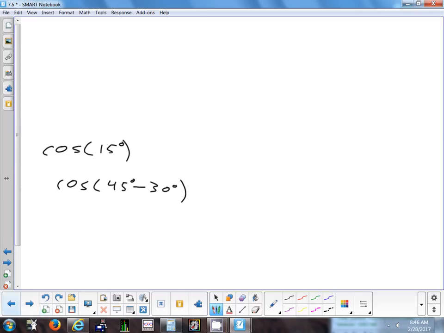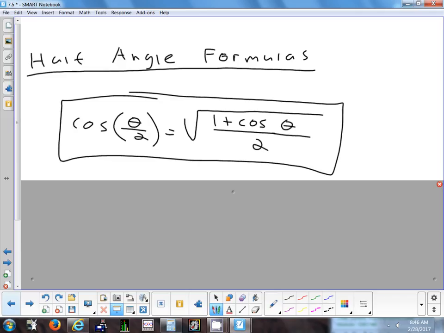Just do it that way. But what could you let theta be here? It would give you a different way to figure out cosine 15. If you let theta be 30, 30 divided by 2 is 15. You could use this formula to figure out cosine 15. So it's a different way to do it, besides a difference.